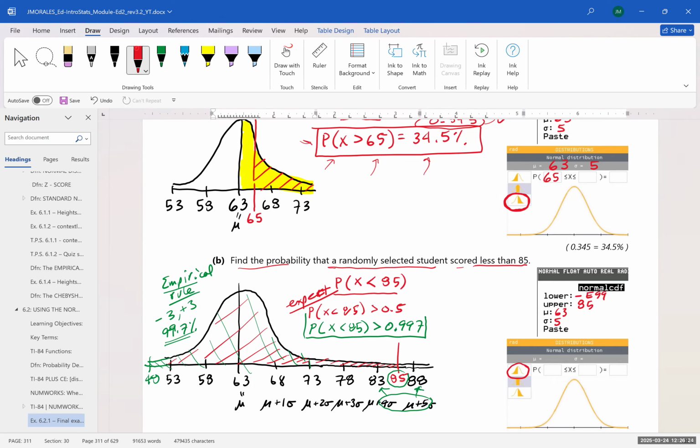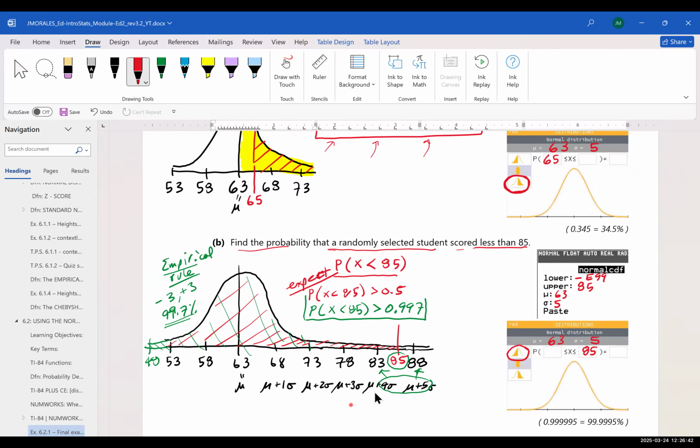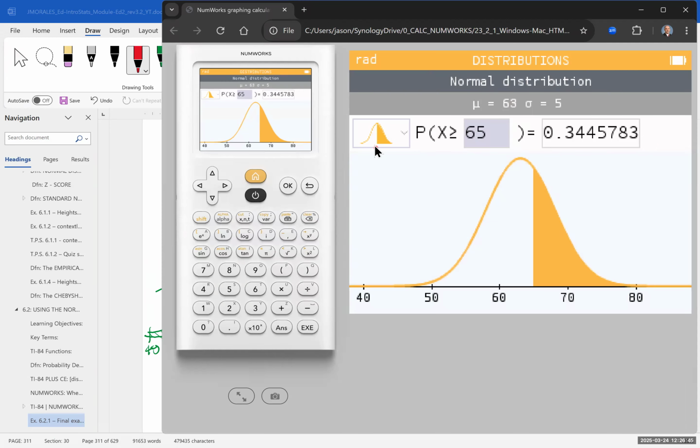So we want values of x that are less than 85, and I forgot to put a mean of 63 and a standard deviation of 5. All right, and let's go ahead and just go over to our NumWorks calculator. And we got the same values.